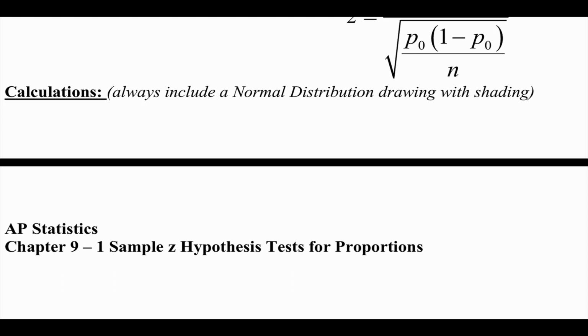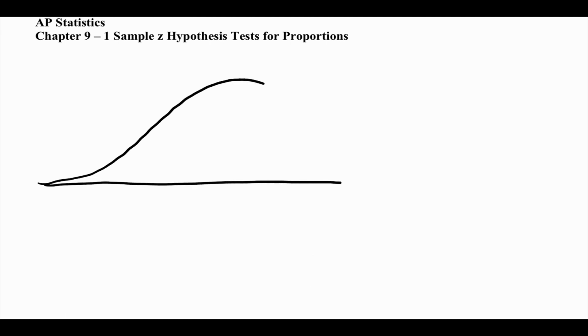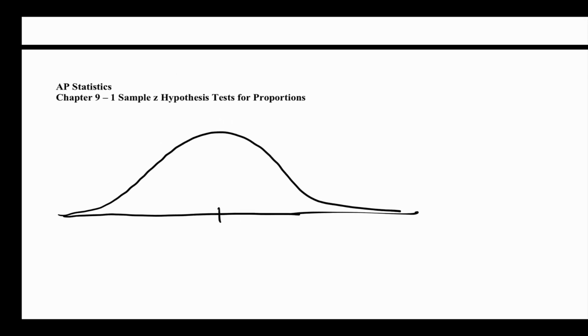Okay, so calculations now. We're going to use that. Since we have a z-score formula, we're going to find a z-score. So the first thing we've got to do, we've been doing this since chapter 2, is draw a normal curve. That's the first step we've always done, right?